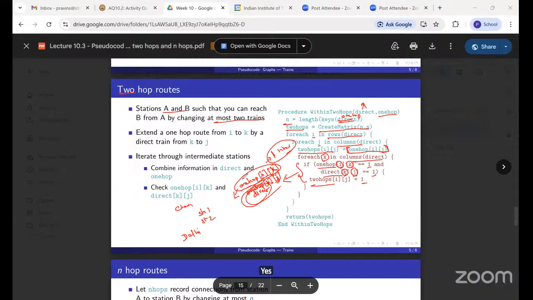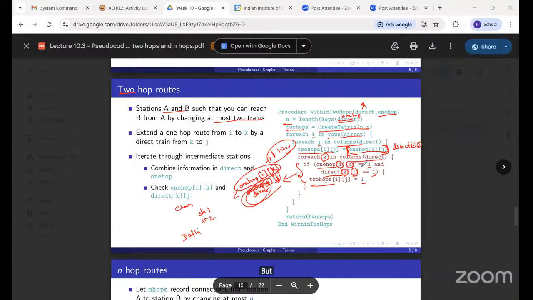Yes. Since we already know there is a route through one intermediate station, I can safely initialize one hop of ij instead of direct of ij. If I'm initializing direct of ij, that is also fine.